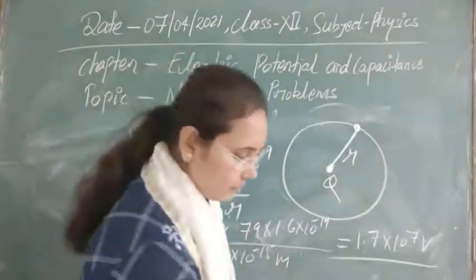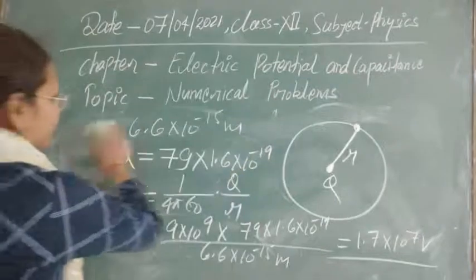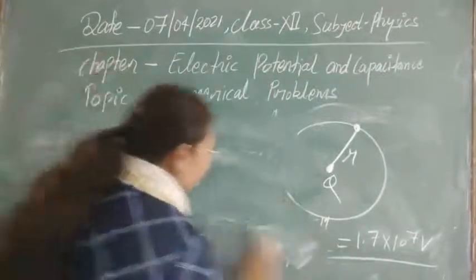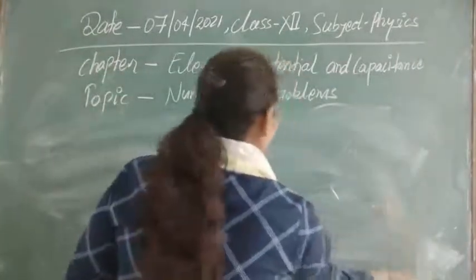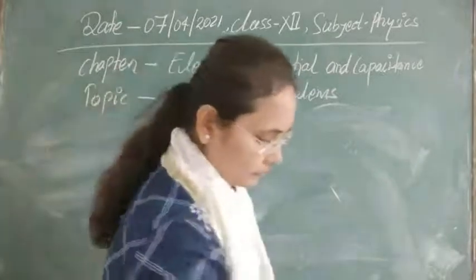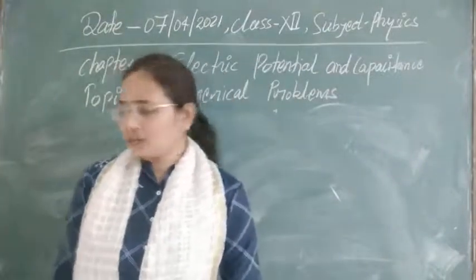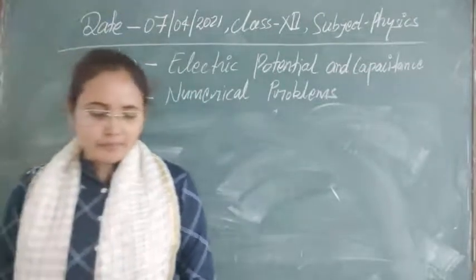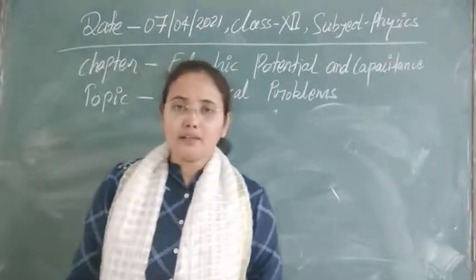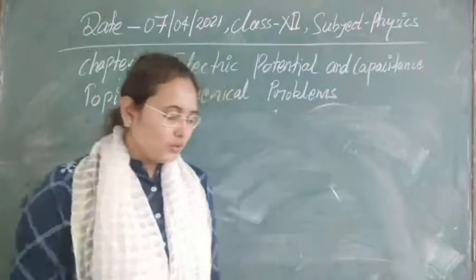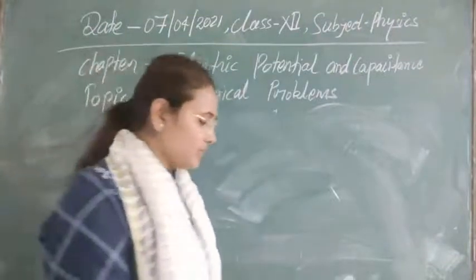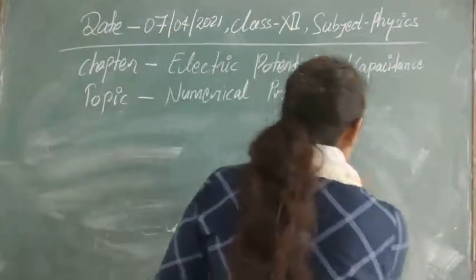Next problem we have, third: two point charges Q and minus 2Q are kept at distance d apart. So here two charges are given, Q and minus 2Q.